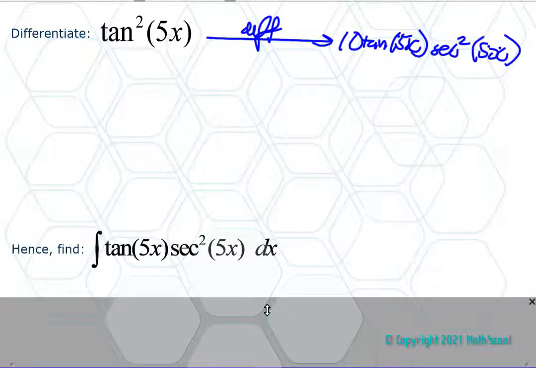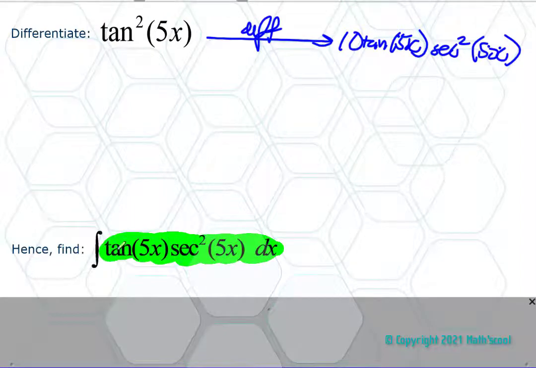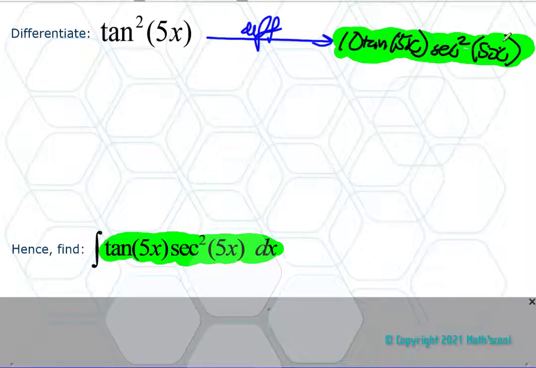Okay, and now they're asking us to integrate this, and well, that looks a lot like that. And we know how to integrate that already, because if you differentiate this, you get this. So that means if you integrate this, you'll get that. So we're looking at it the other way around.